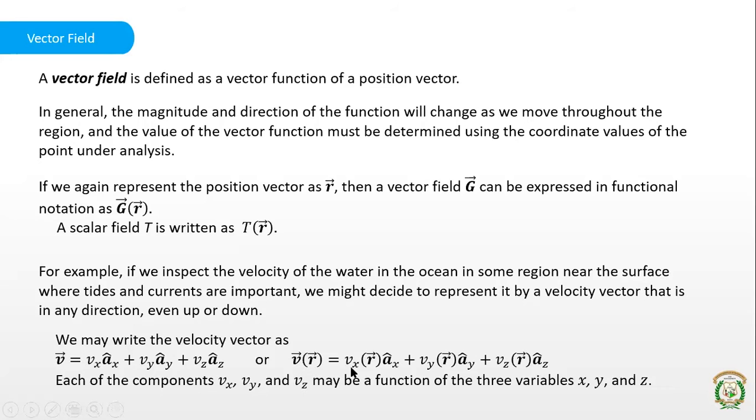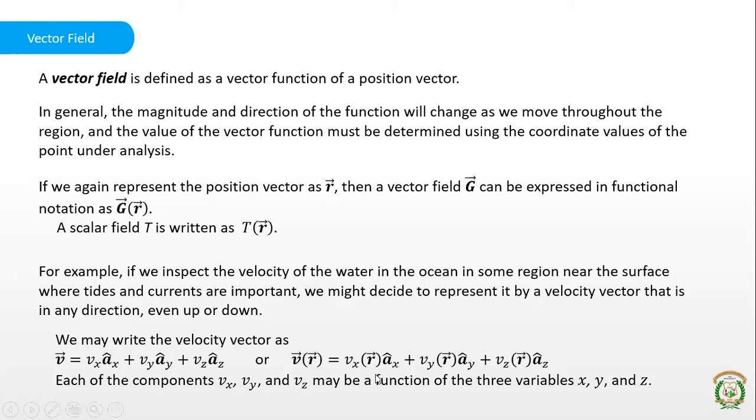In that case, you can write vx of r times ax plus vy of r times ay plus vz of r times az. We write this r because the components vx, vy, and vz might depend on the x, y, and z coordinates. The velocity might not be the same throughout the ocean, so it will depend on the position where we are finding the velocity.